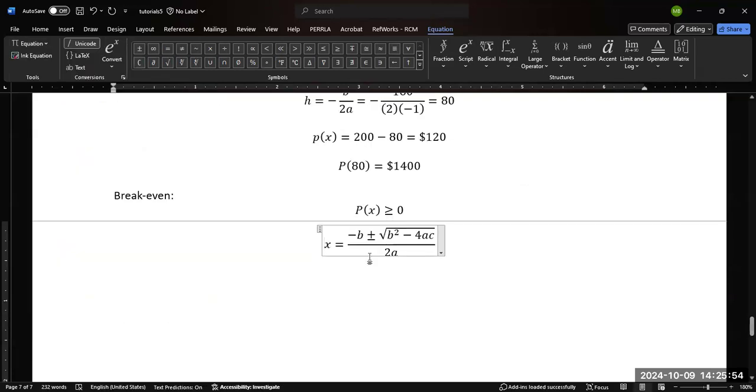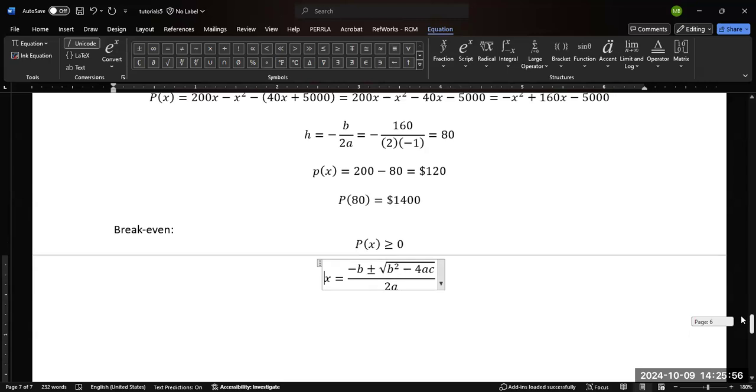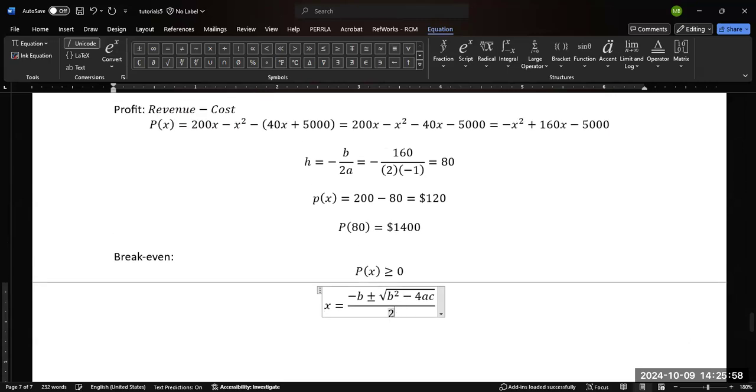Here's our quadratic formula. And if we plug in our values, we've seen our -1, we've seen our 160. This would be our 160 squared, and then this would be our -1 and -5,000. 160 squared minus 4 times 5,000.